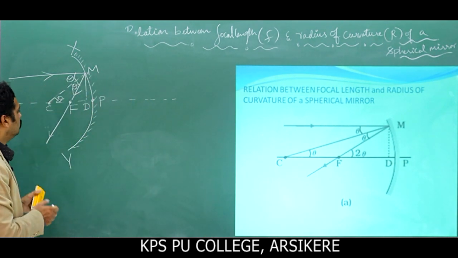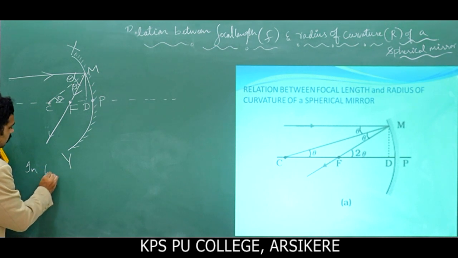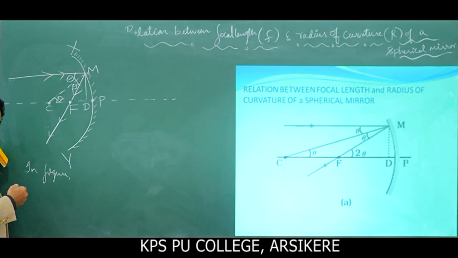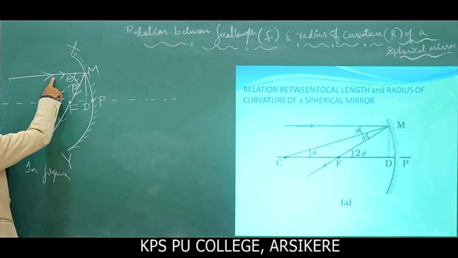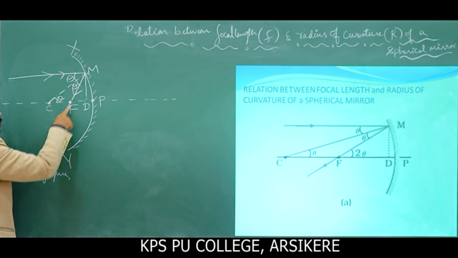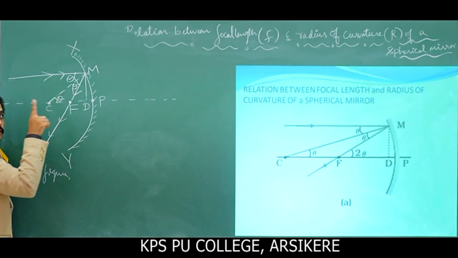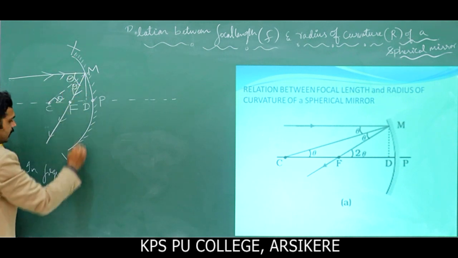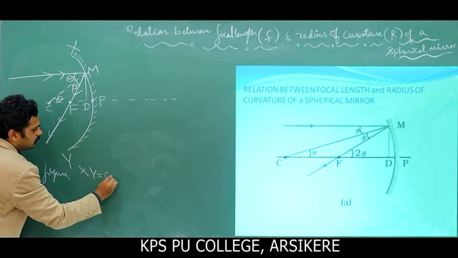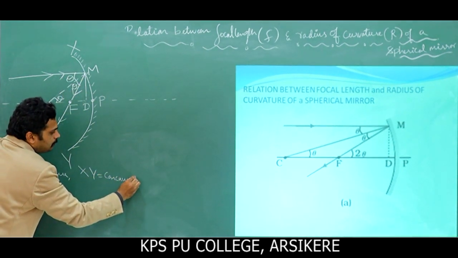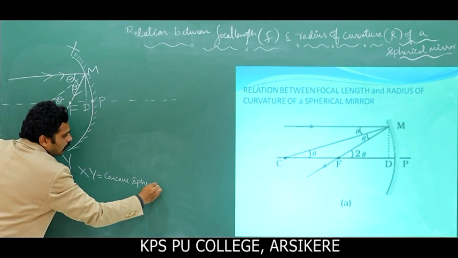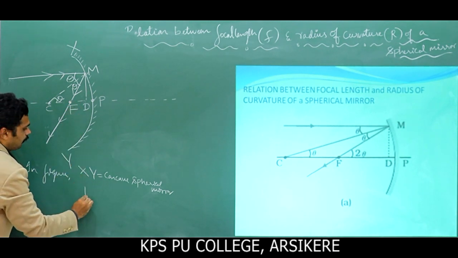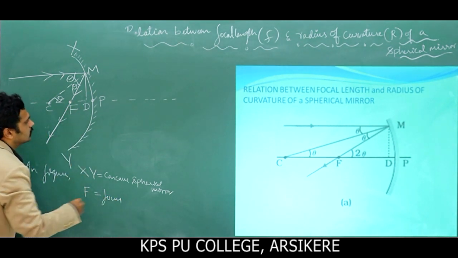Is it clear? Now you have to label this figure, and the arrow mark is very important because in the main examination the evaluator is going to check the arrow mark. So you must put it correctly without missing it. In this figure, XY is a concave spherical mirror. F is the focus.